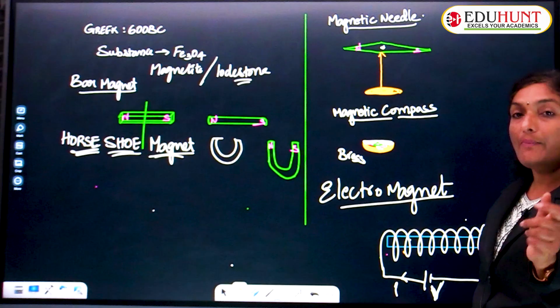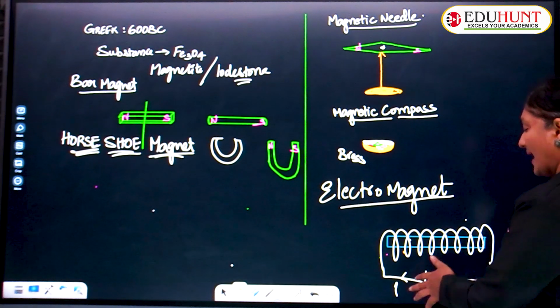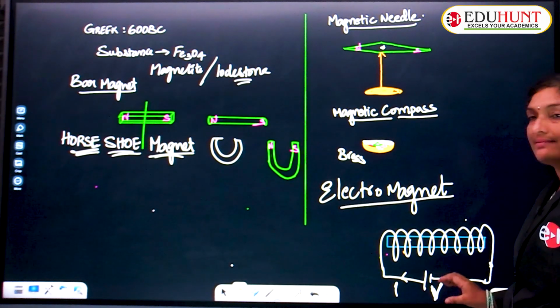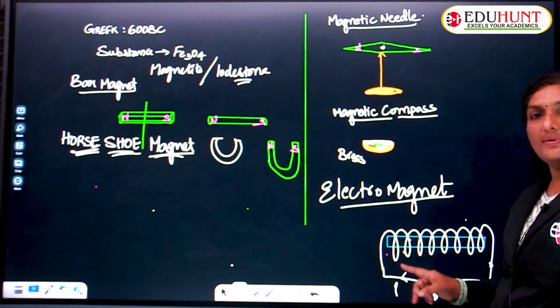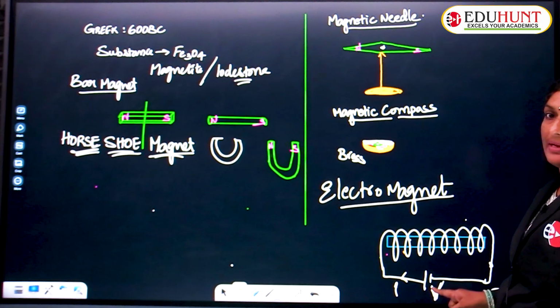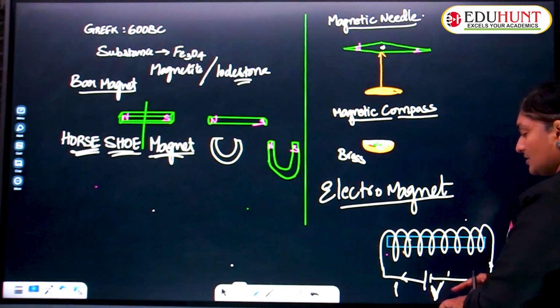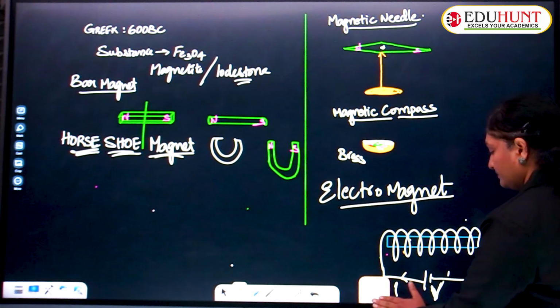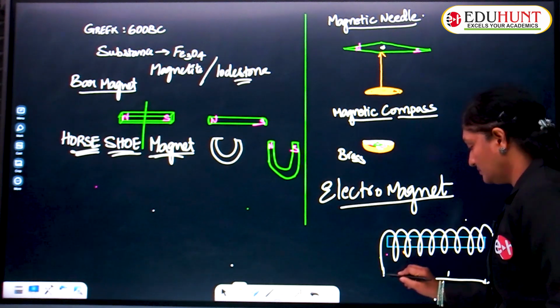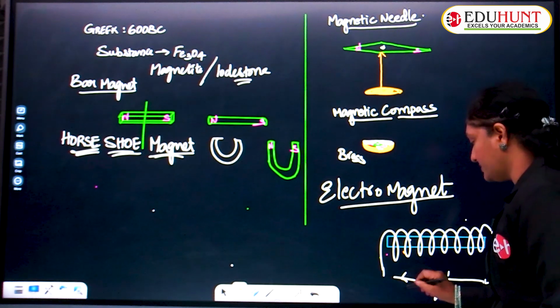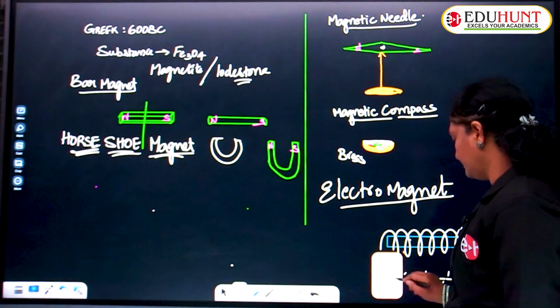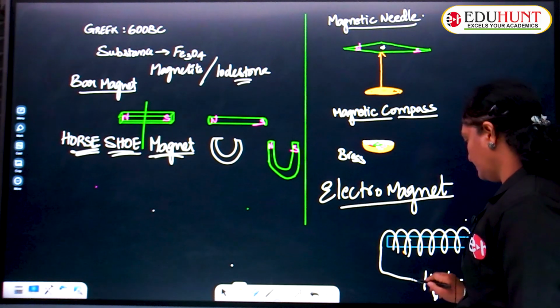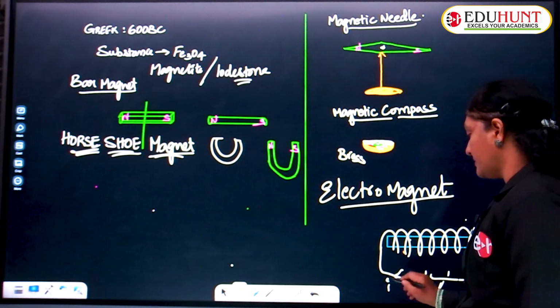Volt is the unit for potential difference. Some battery is connected. The battery has two terminals, a positive terminal and a negative terminal. Whenever the switch is on, current starts flowing from the battery. Let us suppose the current is I.